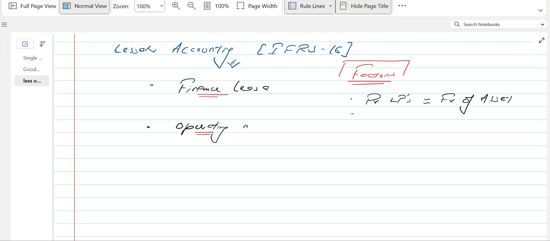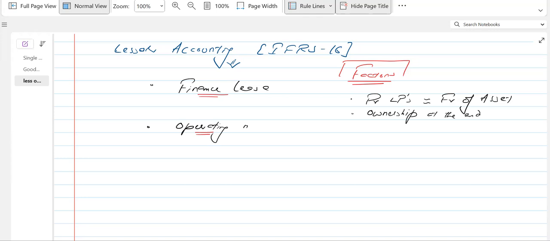And the other factor was whether the ownership will be transferred to the lessee at the end of the lease period. If that is the case, then it's a finance lease. And when we say it's a finance lease, then this asset belongs to the lessee rather than the lessor.